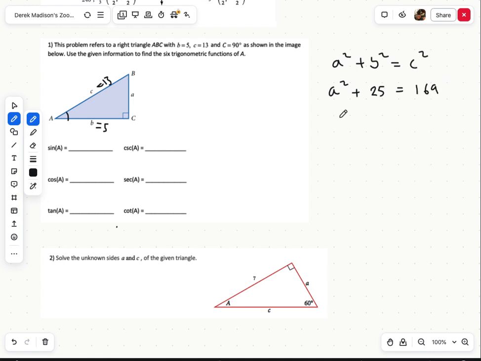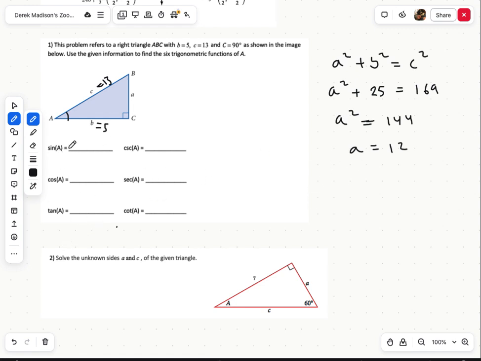And then we'll subtract that 25 over, and we get a squared equals 144. Taking the root of both sides, I get a equals 12. In this case, we're talking about the length of a side, so we'll use the positive 12. We're not on the unit circle where we might have to figure out which direction we're heading.